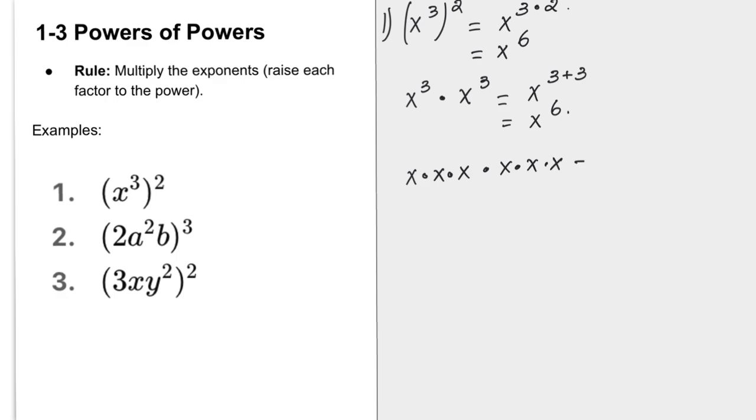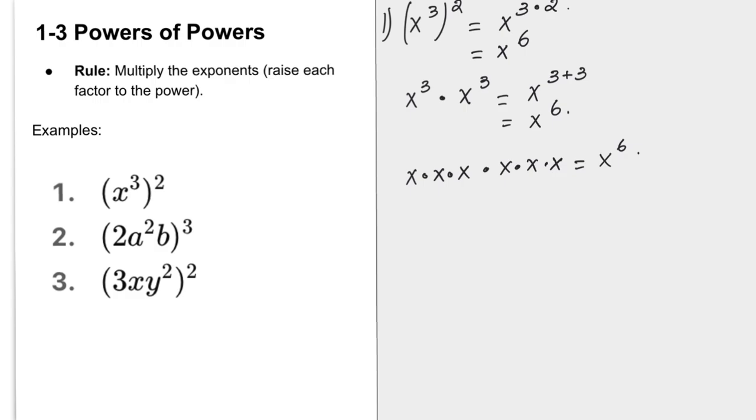You can clearly see this will be 6 x's. There you have it. And that's very confusing for the students to remember. Just remember when a number or a variable is inside the parentheses and it's raised to a power, that means we have to multiply, because that number with a power is raised to another power.